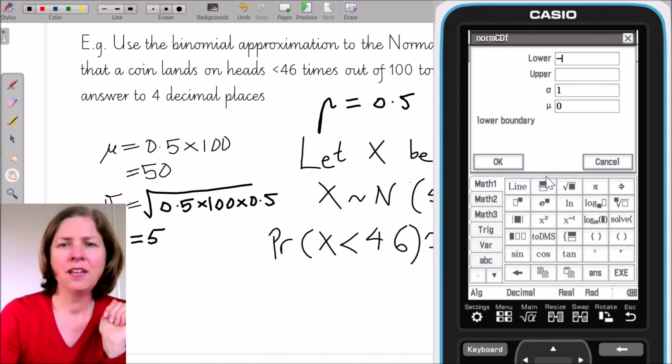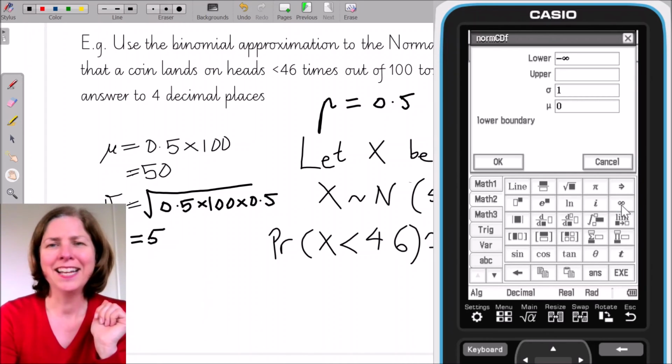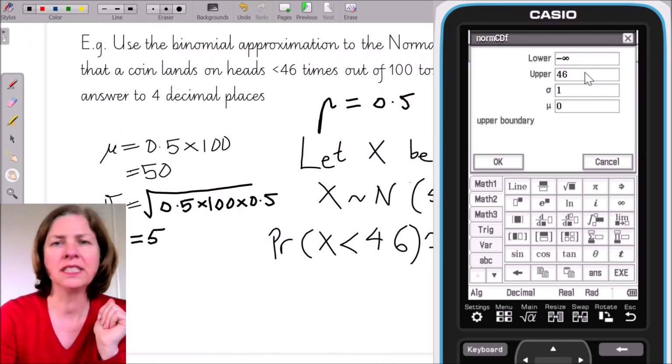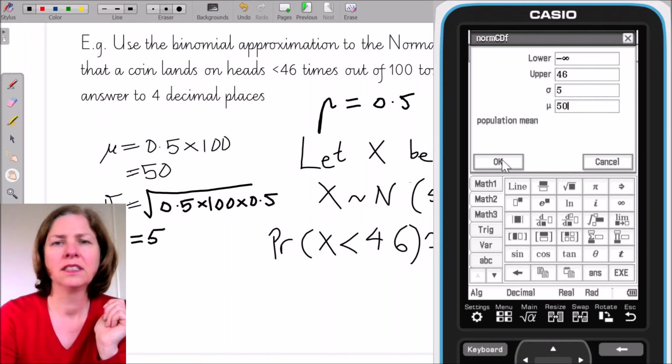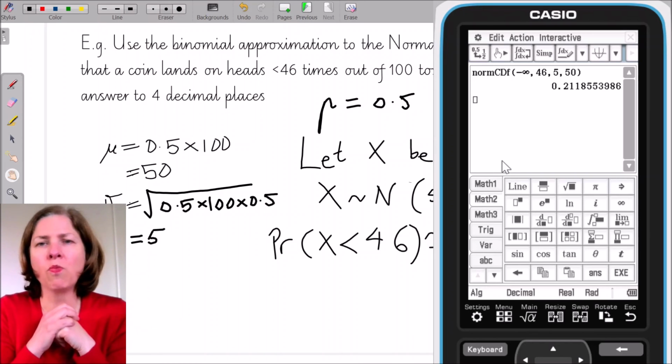And even though there's no way I can have negative infinity heads, I'm still going to negative infinity because that's the boundary for a normal curve, my lower boundary, and my upper boundary is going to be 46. My standard deviation is 5 and my mean is 50. So I enter that in and I get an answer of 0.2119. Okay, so then I would just write that down to 4 decimal places.